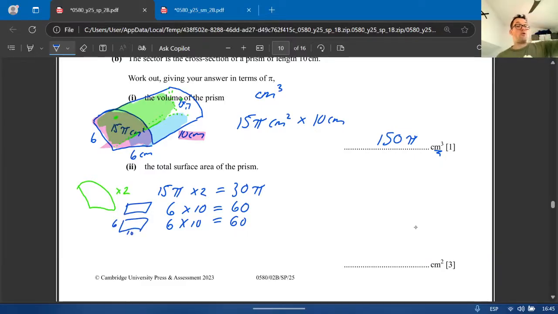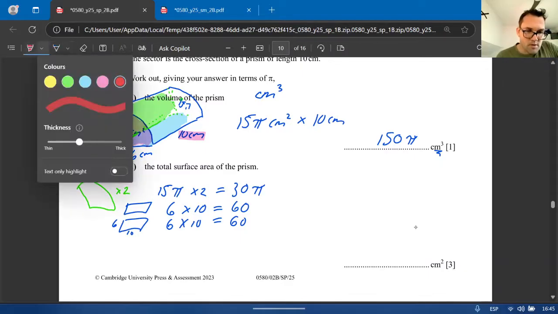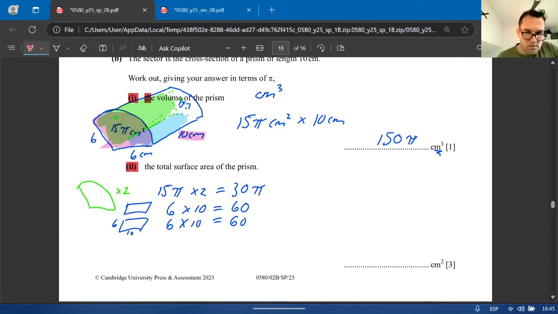And then there's the curved face. Okay, sorry about that, it's getting a bit messy. So the curved face, let's do this in green again, is this length here and that length there. So it's like a big rectangle, but it's curved.